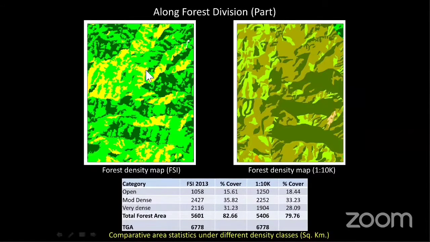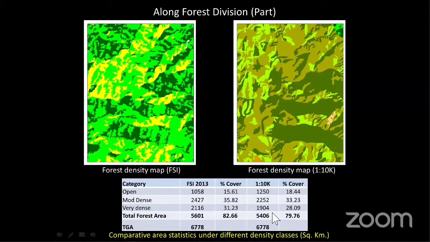This is because, since it is digital, it is purely based on spectral signature. However, here it is mostly based on texture, tone, and association, because this is visual. Then if you see the statistics, only differences are there.